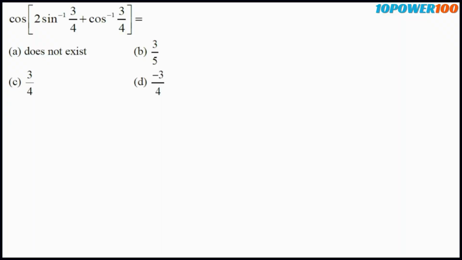This is the last question. Cos of 2 sin inverse 3 by 4 plus cos inverse of 3 by 4. Let's rewrite this once again. We get cos of 2 sin inverse 3 by 4 plus cos inverse 3 by 4. Now 2 sin inverse 3 by 4, I'll write separately.